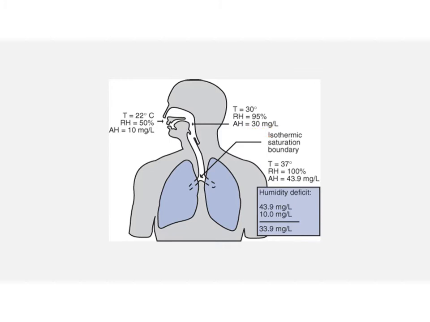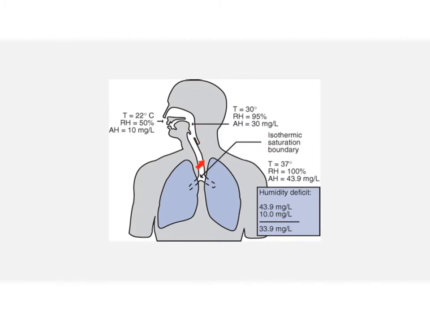So also part of BTPS, remember, we want that air to have a capacity, so the whole overall capacity needs to be about 44 milligrams per liter. So we're not quite there yet, but we haven't hit the isothermic boundary.